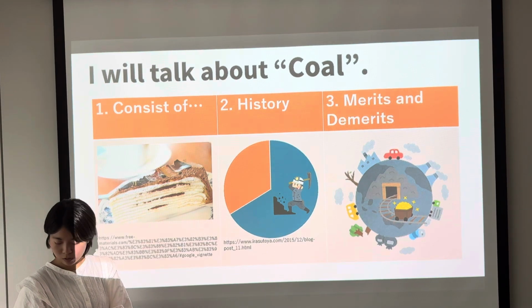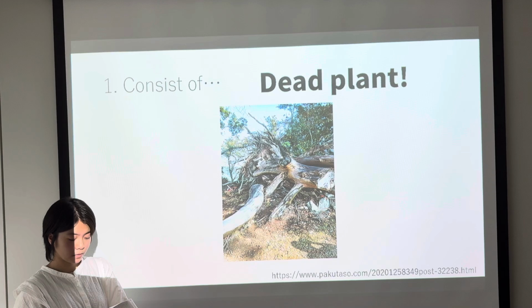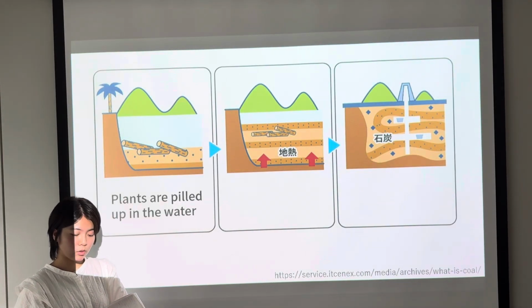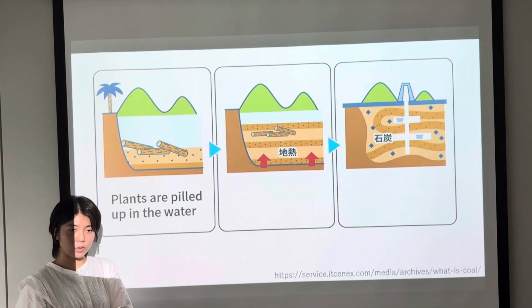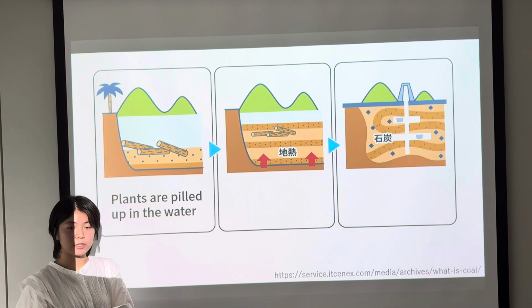First part, coal consists of dead plants. Tens to hundreds of millions of years ago, plants died out and piled up in the water, such as at the bottom of lakes and swamps.